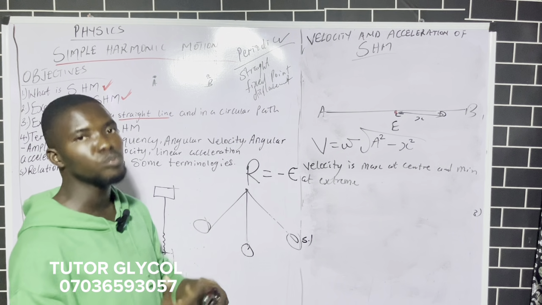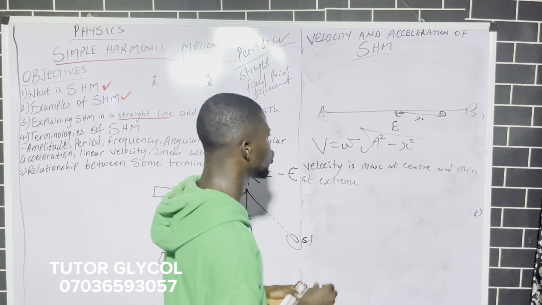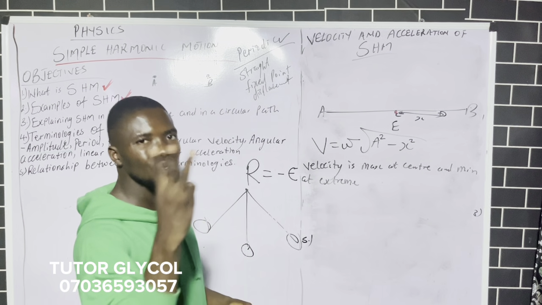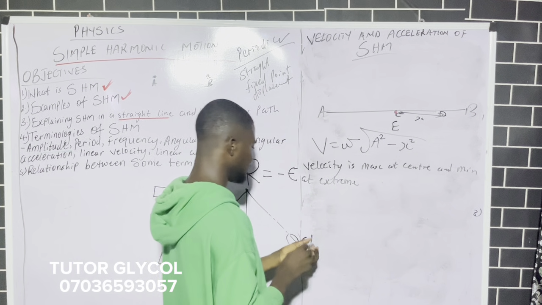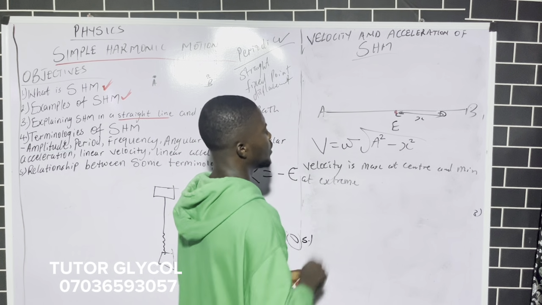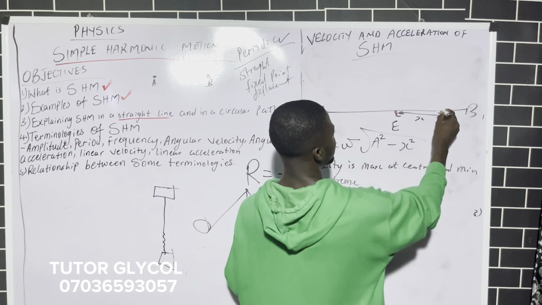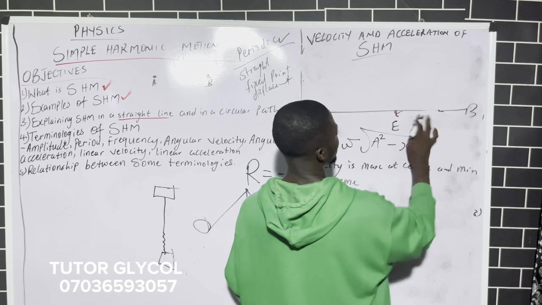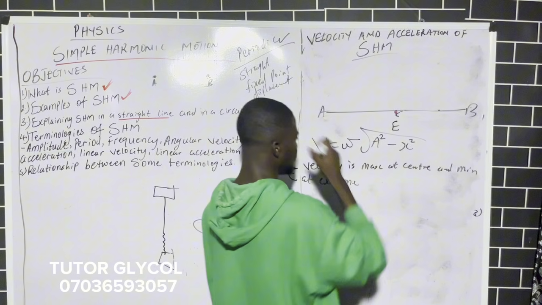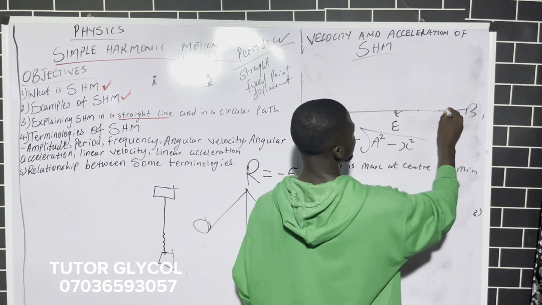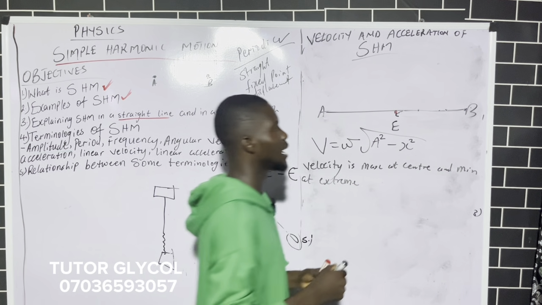Now, how do we prove this? Let's prove it. Remember, this is the formula we have. I'll just pick three different points between C and B. This is the first point, this is the second point, this is the third point, and that's the maximum one.